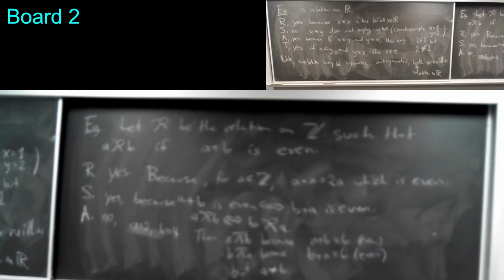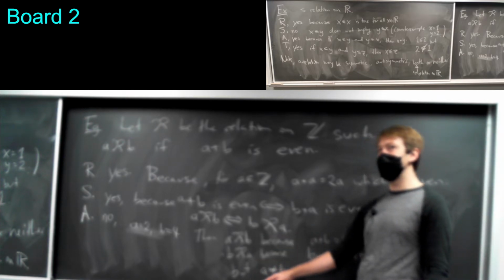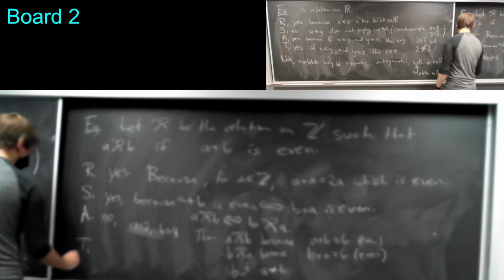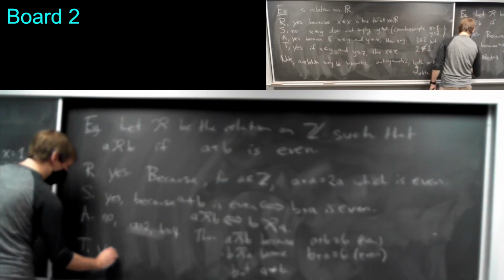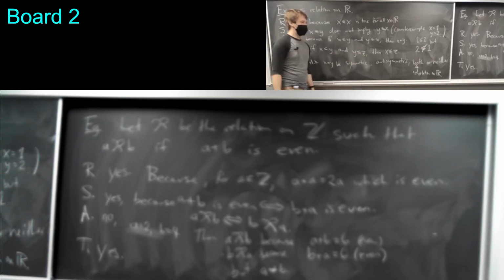So it's not true that this implies a is equal to b, and therefore it's not anti-symmetric. Okay. It turns out it is transitive, I think, right? A plus b being even means that a and b are both even or both odd. B plus c being even means b and c are both even or both odd. But then a and c are both even or both odd.